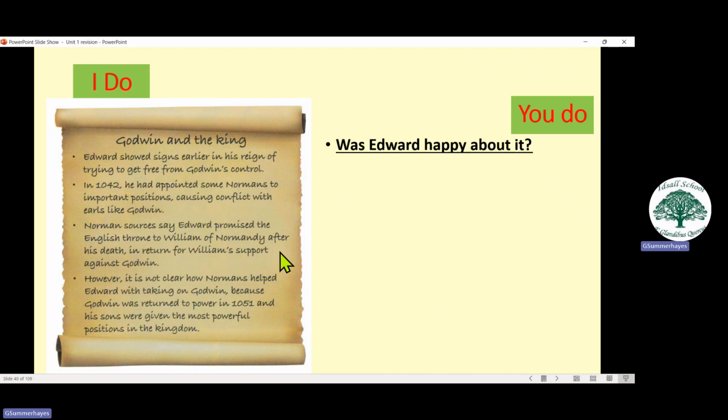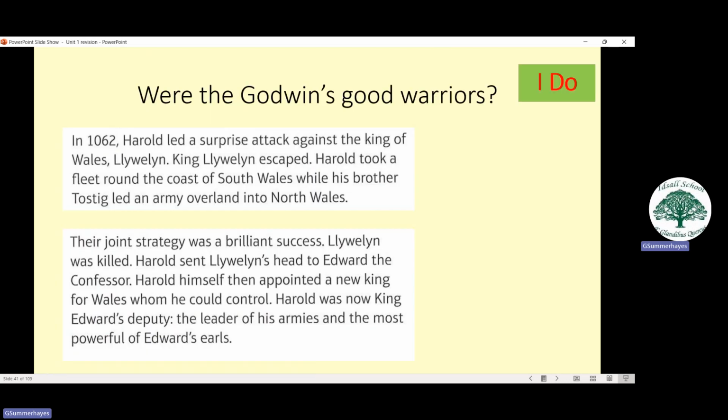And we've also seen that he wasn't particularly happy about it. He did try to exile Godwin, but that failed. Example I've already told you about: Godwin's sons being good warriors, Harold Godwinson himself fighting against the King of Wales, and Tostig helping him over the land whilst Harold went by ship, and that was a huge success.